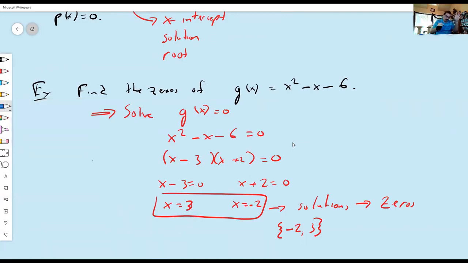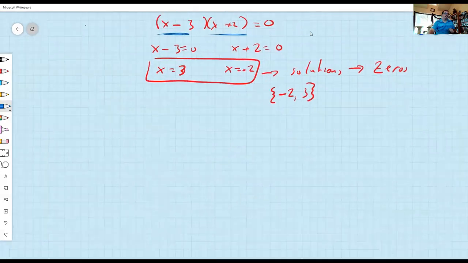One is that x -3 and x +2 are factors of this. They multiply together evenly to give this. So if I did division, I divide by x -3 into g of x, the remainder would be 0. So note, if x -3 is a factor, then x equals 3 is a 0. Or if I know that x equals -2 is a 0, then x +2 must be a factor. So zeros and factors are interchangeable almost.